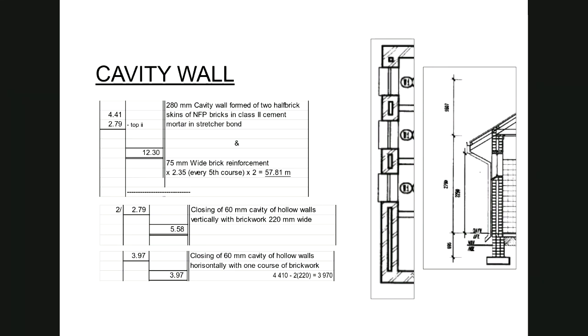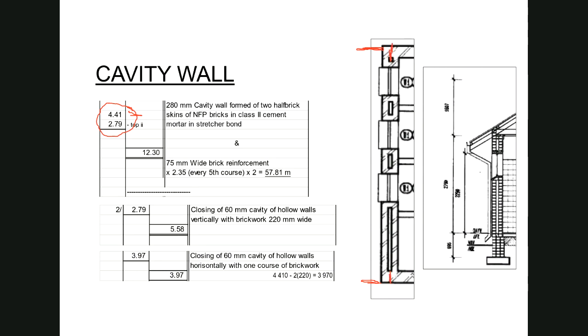Now, what I want you to realize is when we are measuring the cavity wall itself, see that we are using the 4.41, which is the measure from that point to that point. So in other words, when I'm measuring the wall, I am still regarding the cavity as going straight through all the way over there and over there.